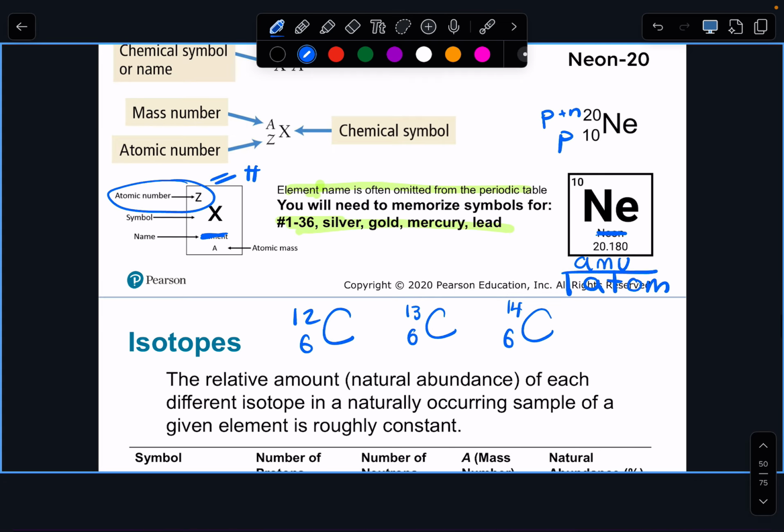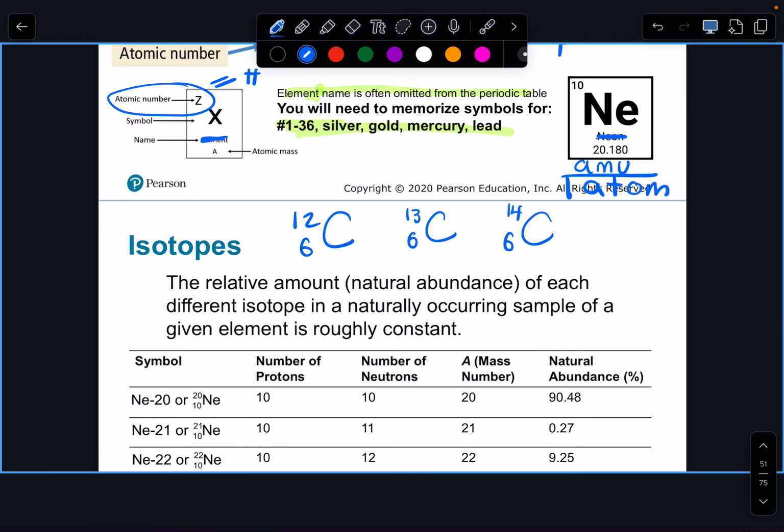Okay, so what does this have to do with carbon-14? Because that was the example I was going on. So we get these unstable nuclei that tend to break apart. Carbon-14 breaks apart very predictably. There aren't a lot of things that affect it or speed it up. So when you're a living organism, a person, a plant, whatever, all of the carbon in your body is constantly being cycled through.